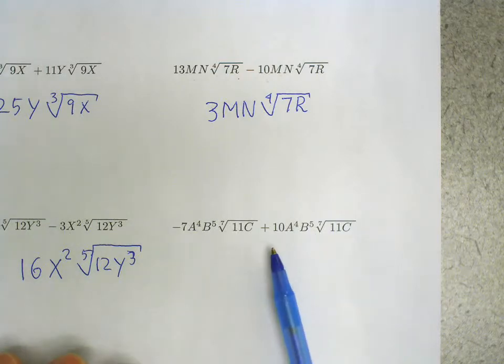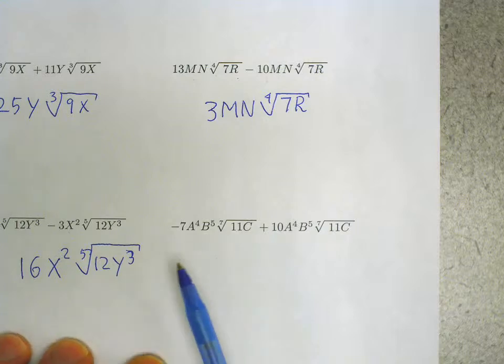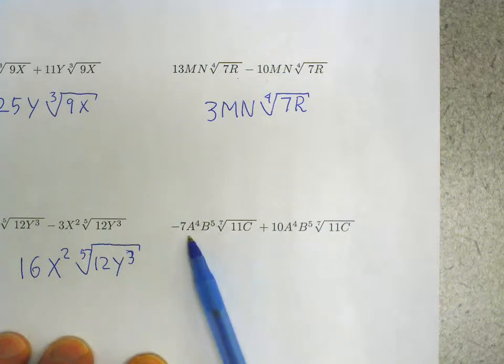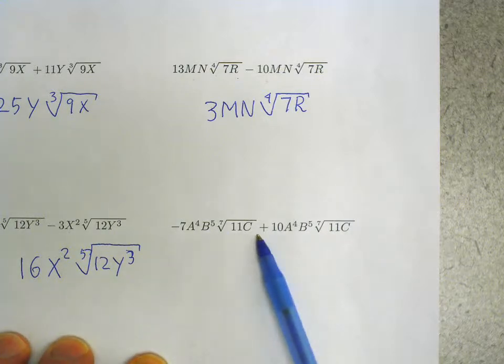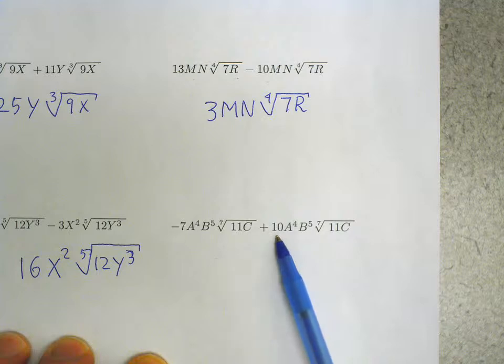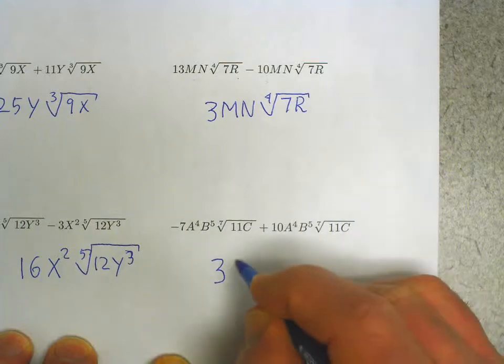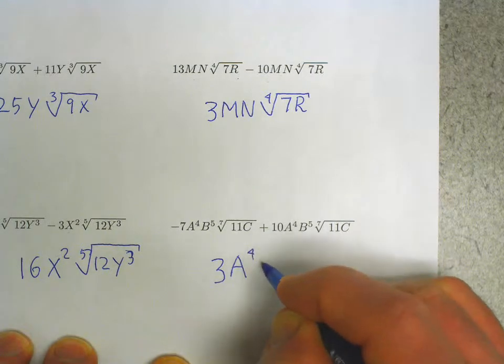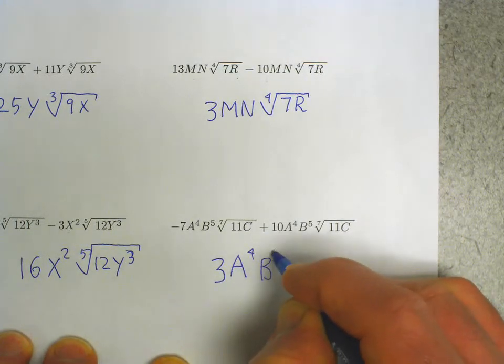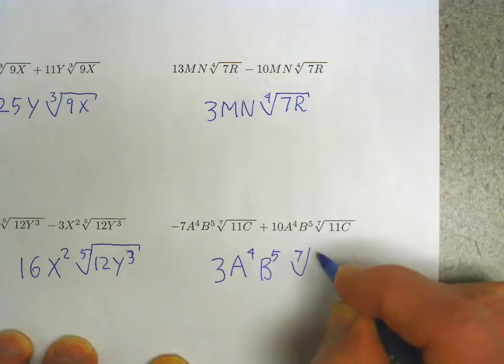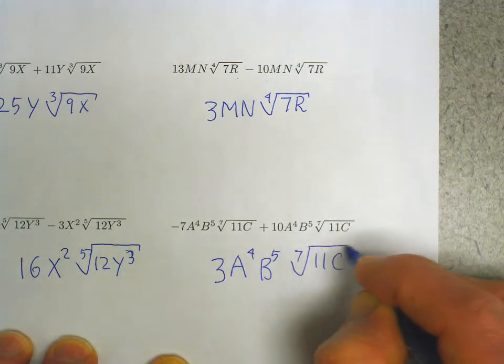So these can be combined by adding. We have negative 7 times that thing plus 10 times the same thing. So when we add them together, we get 3 times a to the fourth, b to the fifth, times the seventh root of 11c.